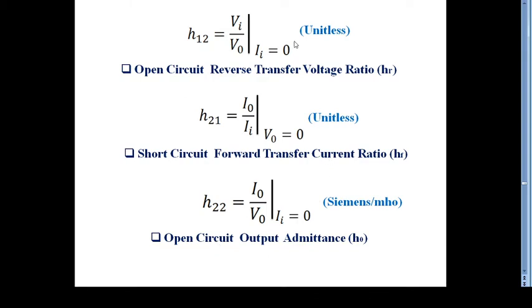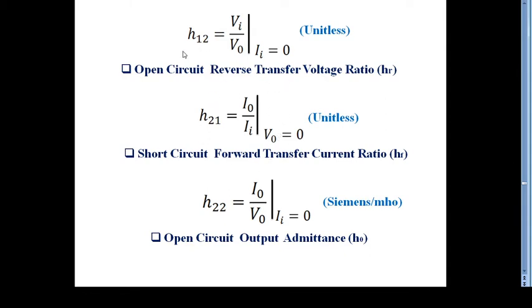So clear, means simple. We have to write the matrix for the H parameter and break it into linear equations, and keeping V naught 0, it will give the two parameters H11 and H21. Keeping Ii 0, it will give H12 and H22. Okay, simple equations. Now we have to utilize these.